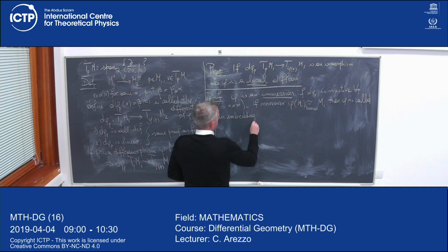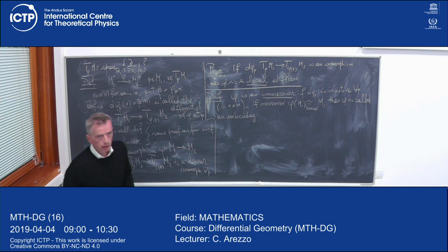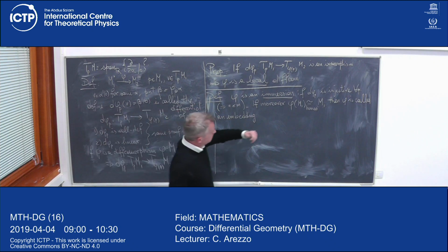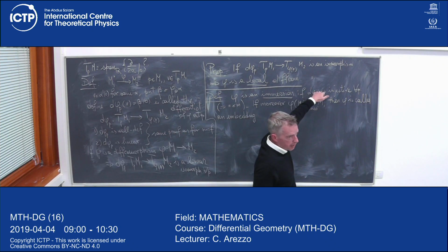Now this is a bit more delicate, but you need to appreciate what it means. M1 is a differentiable manifold, so it is a topological space with the topology induced by the manifold structure. Phi of M1 is a subset of M2.